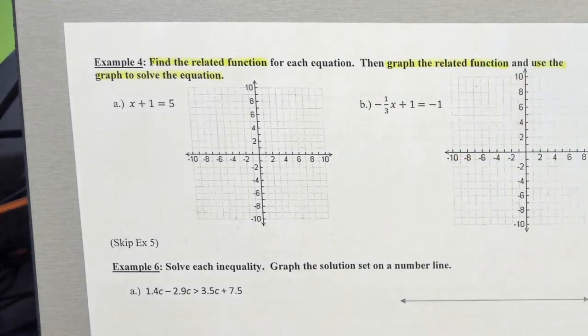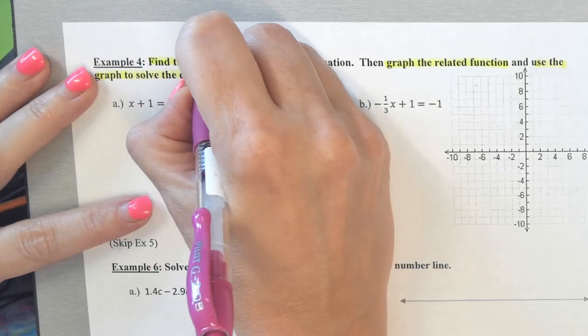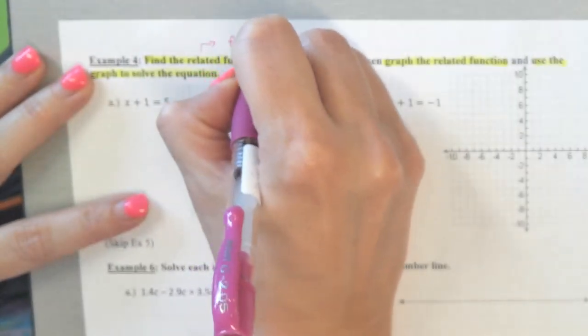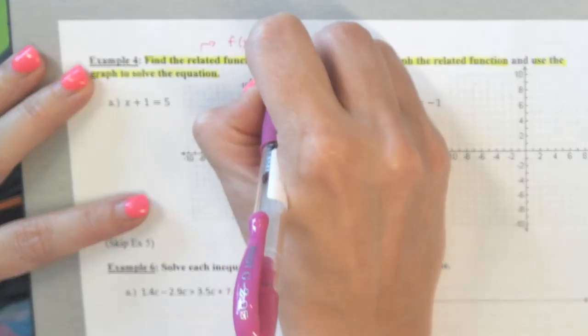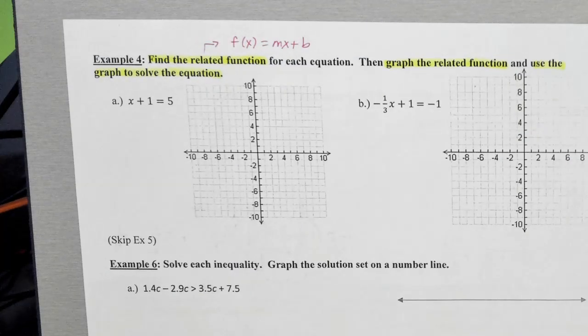Whenever you are finding the related function, that means you are going to write this in the form f of x equals mx plus b. So instead of y equals mx plus b, we're going to use f of x. Okay, we are going to graph the related function and then use that to solve.